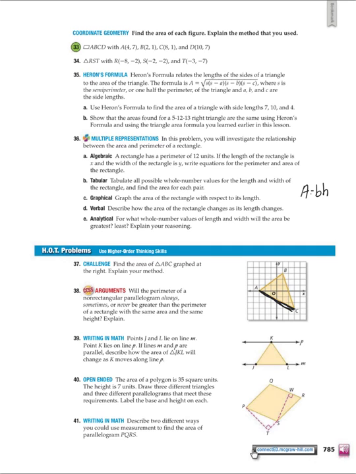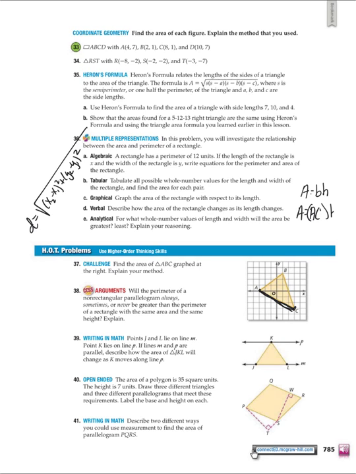So I'm going to find AC as my base. And how am I going to do that? How am I going to find the distance between 2 points on a Cartesian plane? I'm going to use the distance formula, okay? I'm going to find this ordered pair and this ordered pair. And remember what your distance formula is. Okay, so you're going to have to find your distance formula to find the distance on your base.